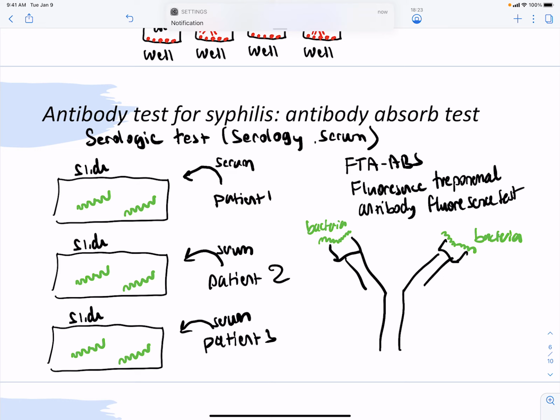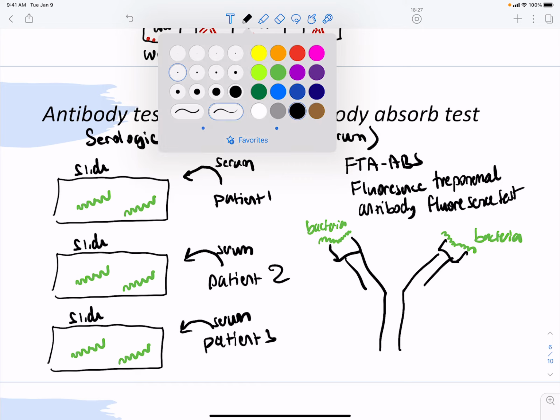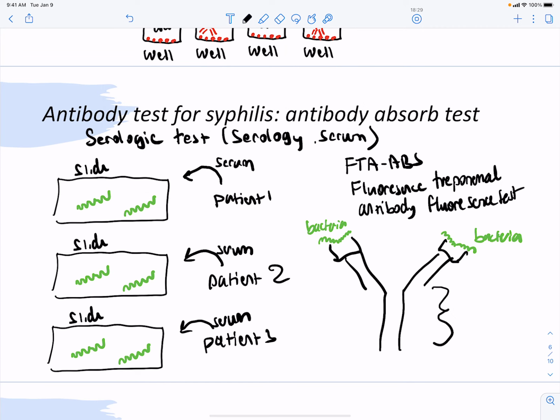And then you're going to have in your trunk, this is the Fc region, and this is coming from people. This is patients. These are people. So this is a human antibody.